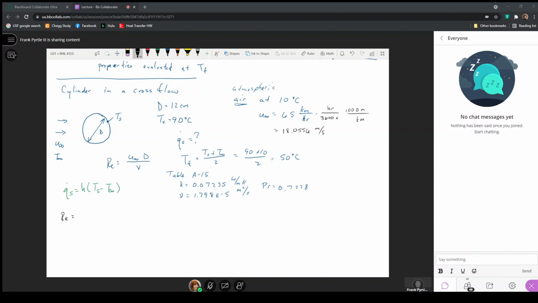So the Reynolds number with the free stream velocity in meters per second, 18.0556 meters per second, times the diameter, here 12 centimeters, so 0.12 meters, divided by the kinematic viscosity, which is 1.798 times 10 to the minus 5 meters squared per second, so we have consistency of the units.